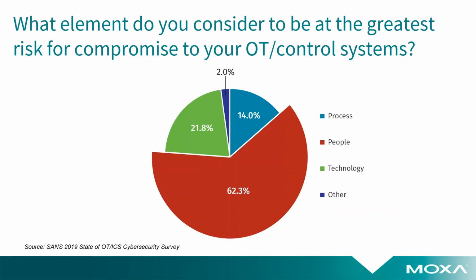The SANS Institute, a little bit lower on people, but still more than half at 62%, saw people as the major risk, followed by 21%, so about the same percentages as we had here, for technology. And then process making up around 14%. So clearly, most everyone sees people as the biggest risk.